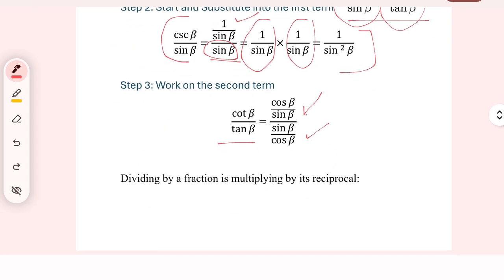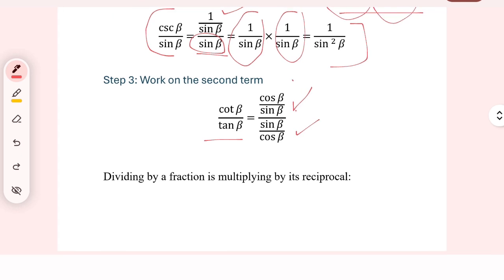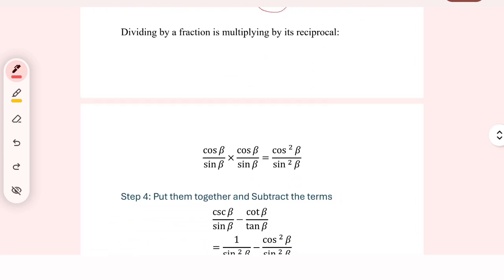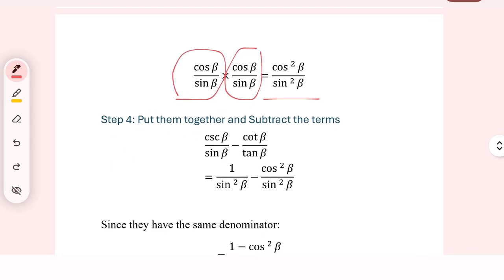Remember, we flip it because we are actually dividing fractions. So we have the numerator, we flip the denominator, and what comes out is cosine squared beta divided by sine squared beta.